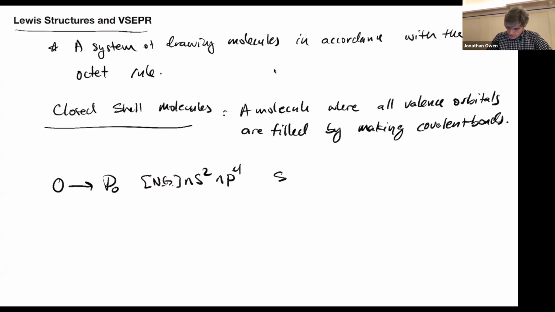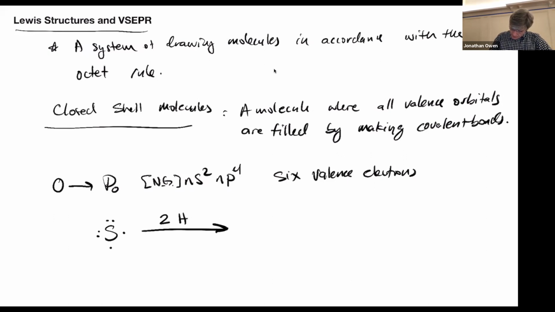So there are 6 valence electrons. Let's do sulfur, for example. We have 6 valence electrons around sulfur.